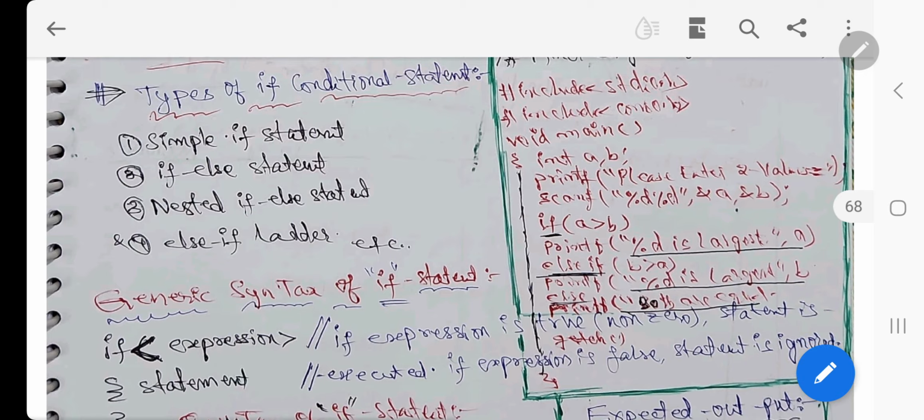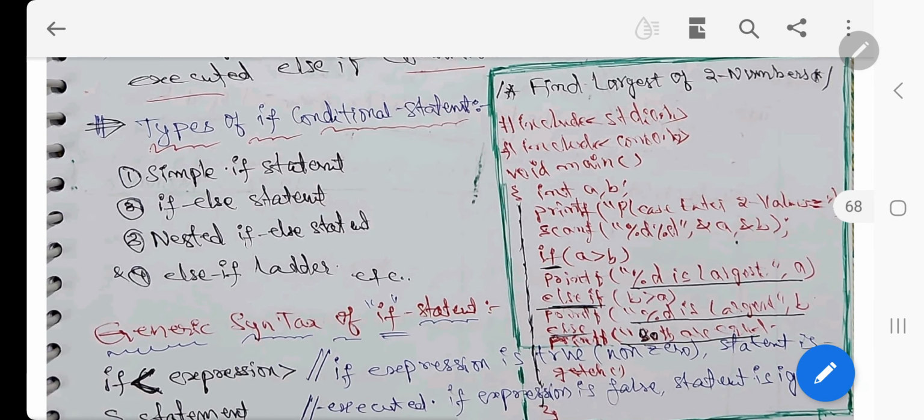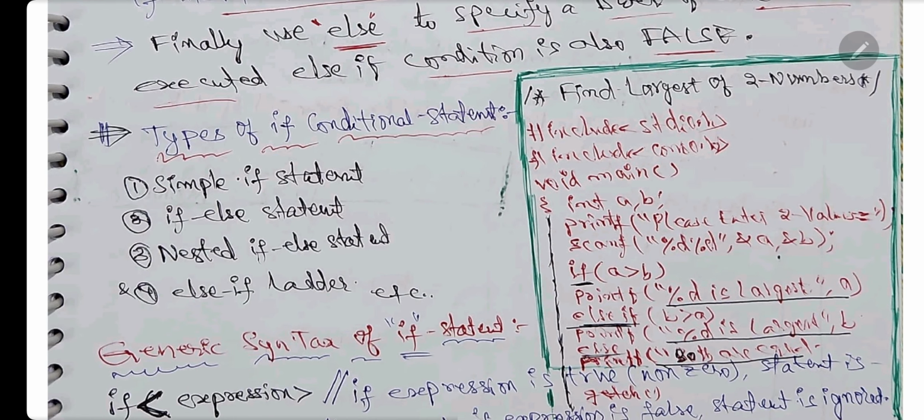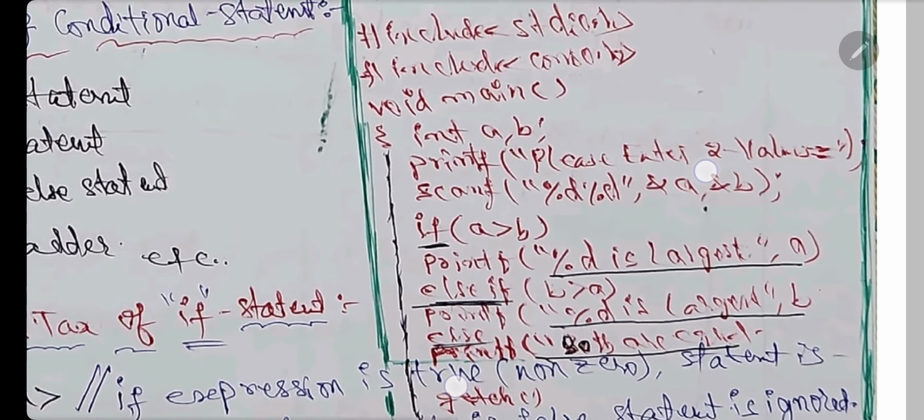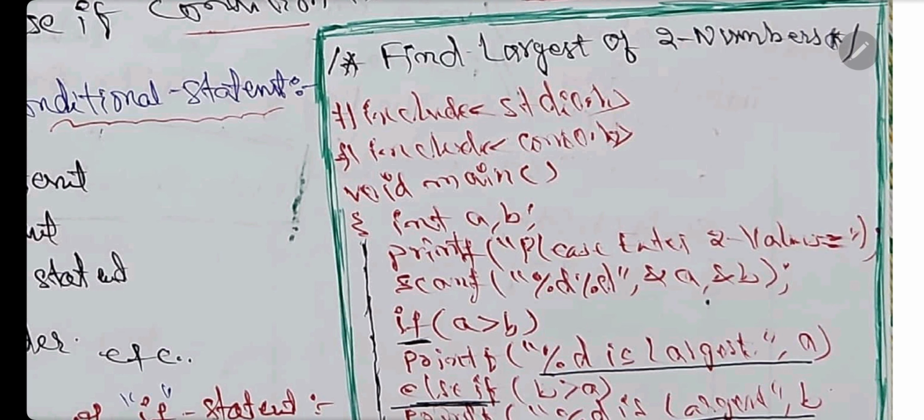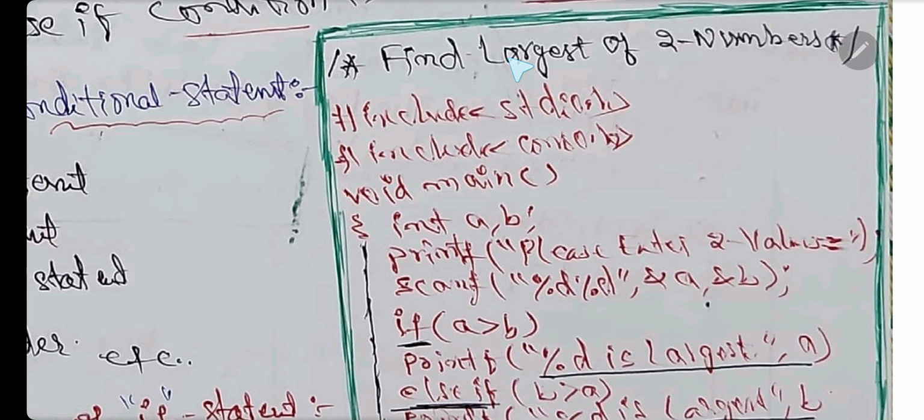And here is a small program I wrote. See, find the largest of two given numbers. This is a comment, a multiple line comment. Hash include stdio.h, a preprocessor standard input output header file.